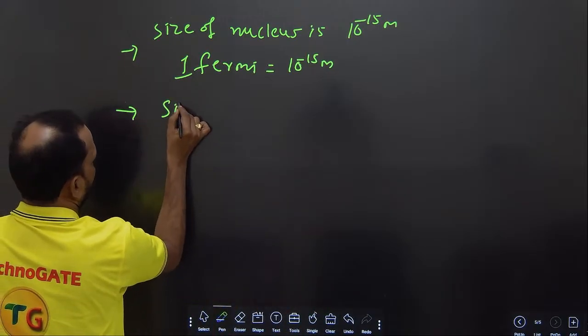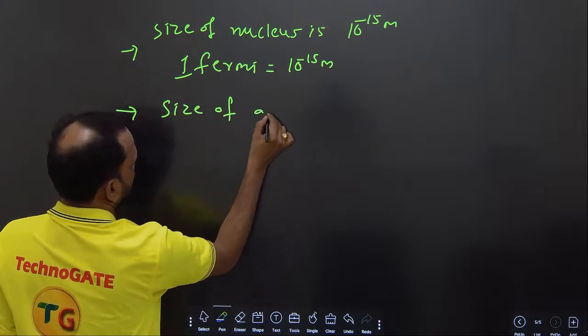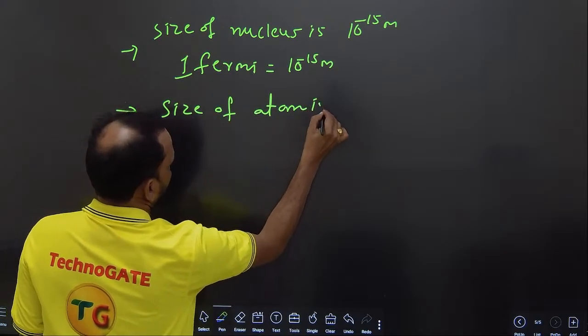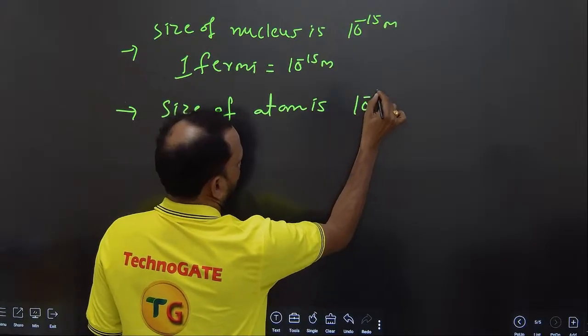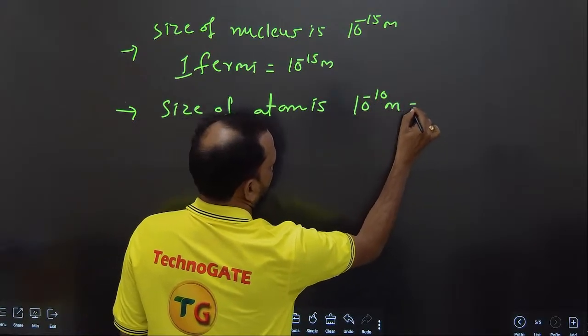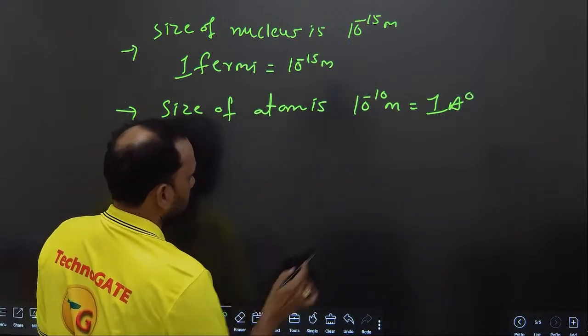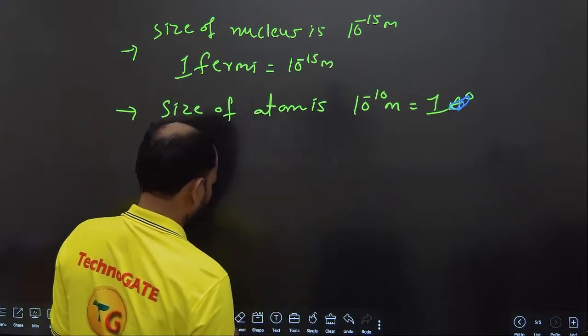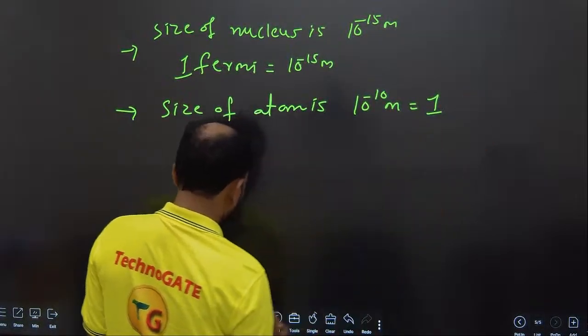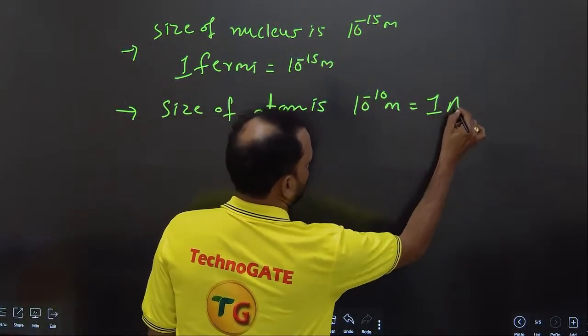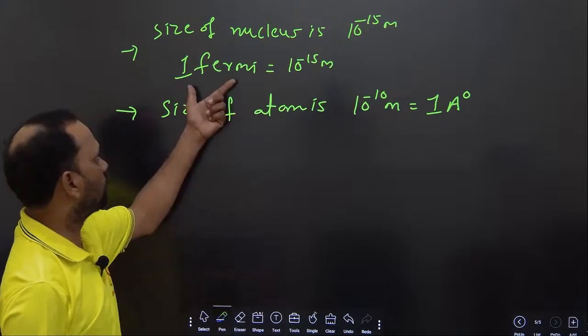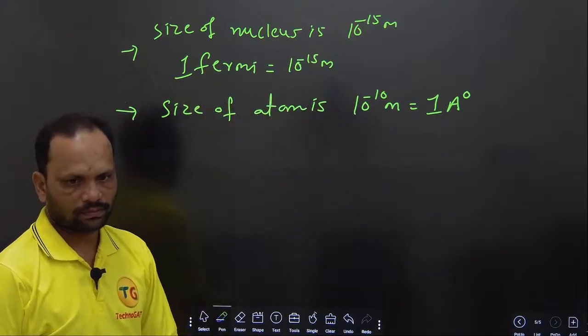The size of the atom is 10 power minus 10 meters, which is equal to 1 angstrom.